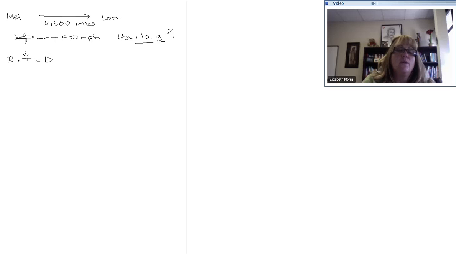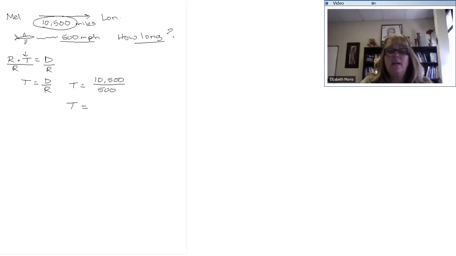We need to get rid of the R, which is being multiplied. So we divide, and whatever we do to one side, we do to the other. So R over R is 1, so we get time equals distance divided by rate. What was the distance? 10,500. And what was the rate? 500 miles an hour. So how long did it take them?